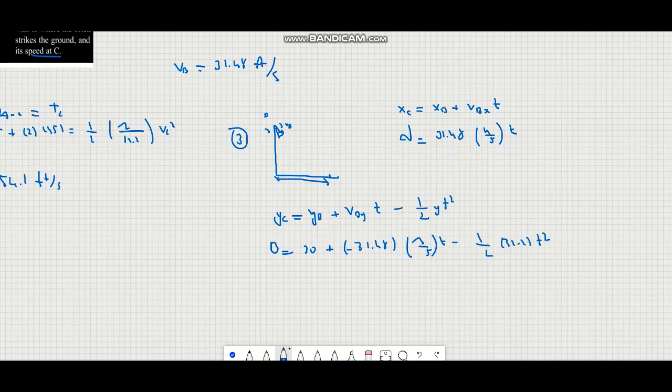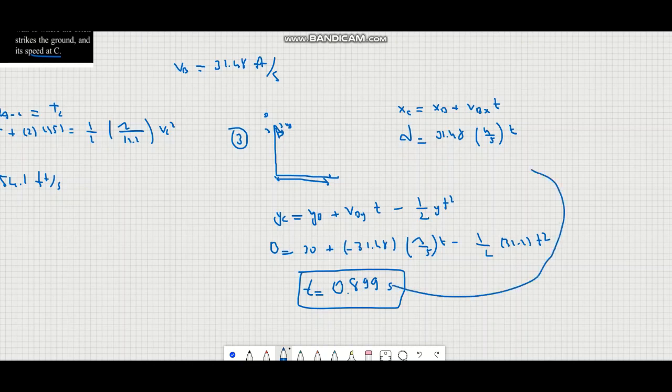All right. Again the only unknown is time. This is a quadratic equation. We can solve the quadratic equation and calculate it. The time is 0.899 seconds. So the flying time is 0.899 seconds.